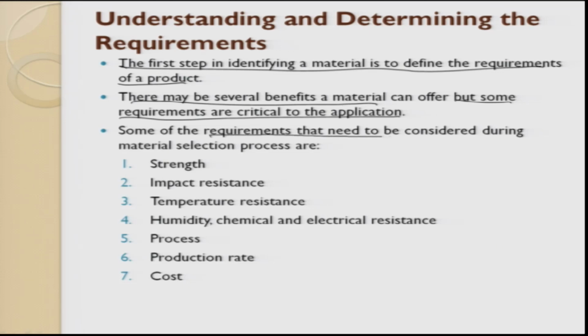Some of the requirements that need to be considered, I am listing down. The majority is mechanical, then it is environmental. One is strength. What are the strengths? It can be tensile, it can be compressive, it can be shear, etc.